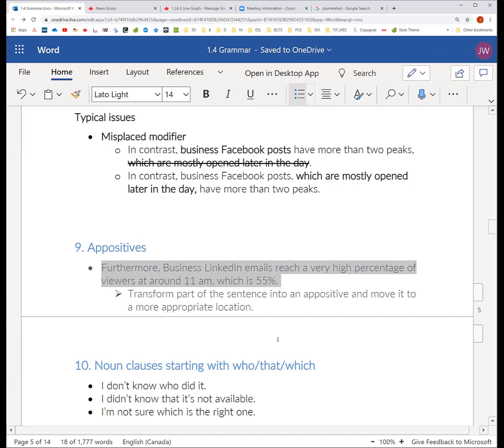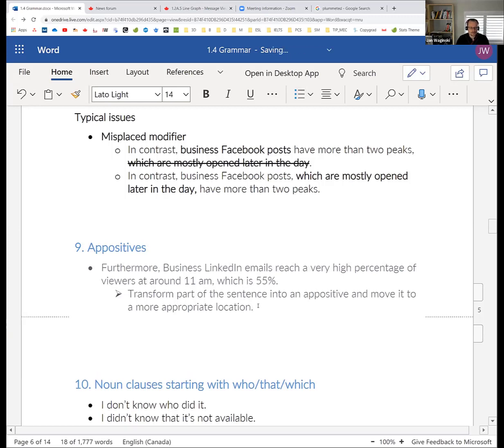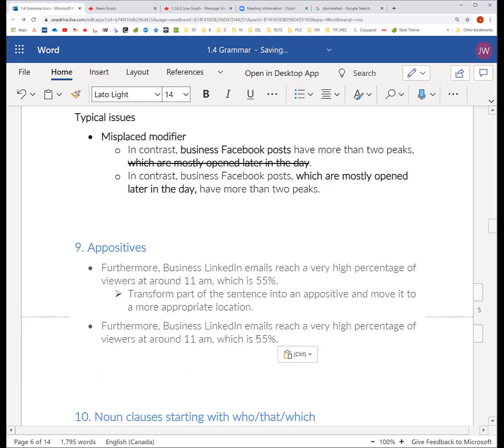"Furthermore, business LinkedIn emails reach a very high percentage of 55% viewers at around 11 a.m." "55% of viewers." Reach 55. Okay, so that's one way to do it. There's more than one way that we can fix this. So say again how you did it. "Business LinkedIn emails reach a very high percentage of 55% of viewers."